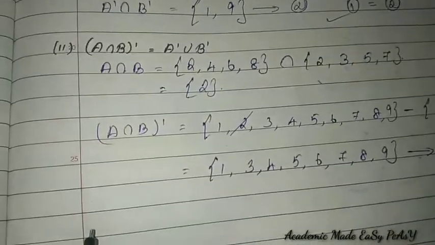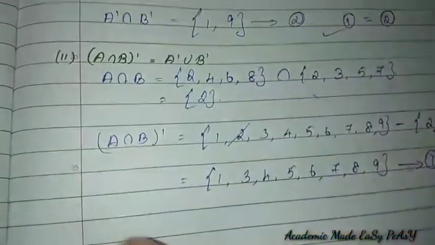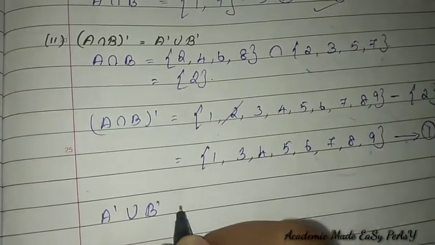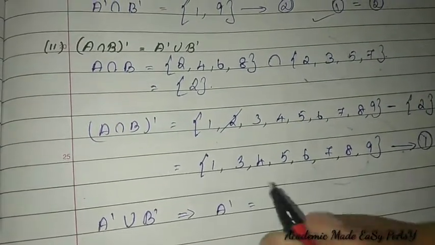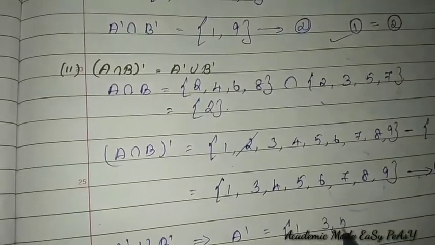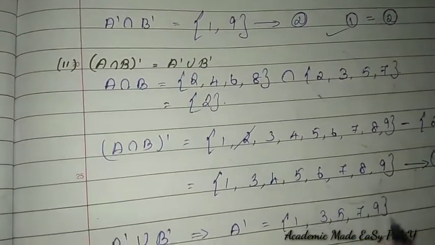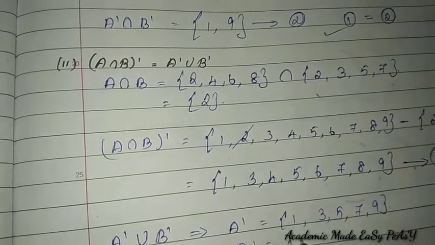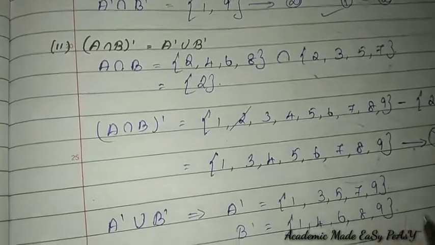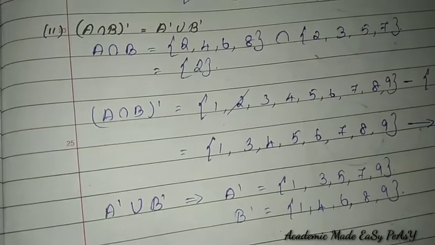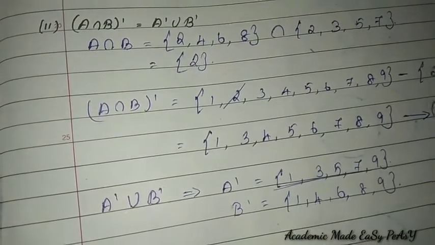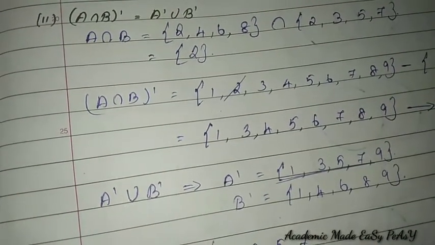So next I will move on to the RHS, that is A' union B'. So now A' I will find first. So already I have found what is my A'. So {1, 3, 5, 7, 9}. Next B' is equal to {1, 4, 6, 8, 9}. Then what is my A' union B'? I will write all the elements from set A', 1, 3, 5, 7, 9.